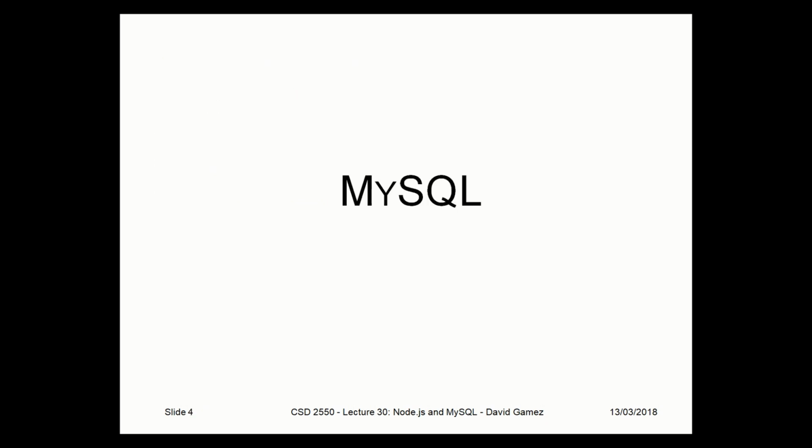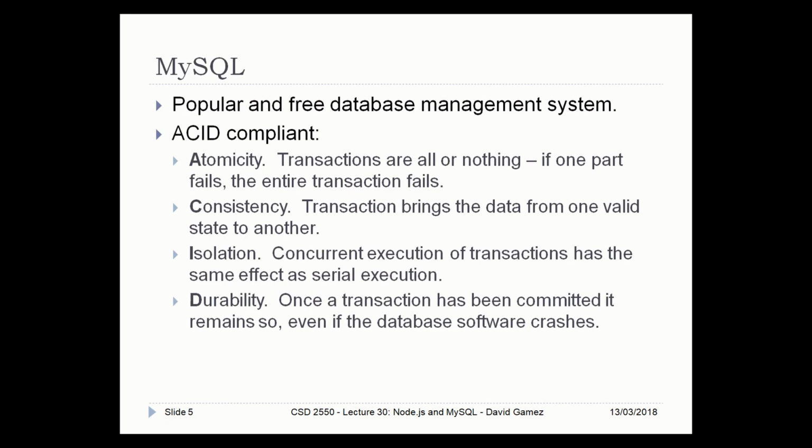Okay, so MySQL. As I said, MySQL is popular, it's free, and in the lecture on MongoDB I talked about these ACID properties that some databases have. So things like atomicity, consistency, isolation, durability.